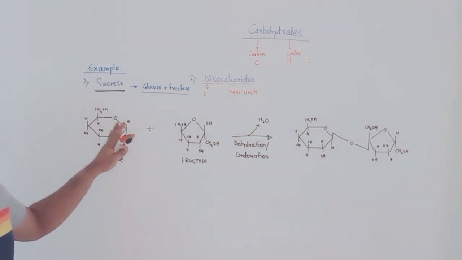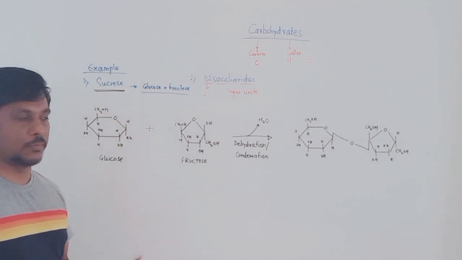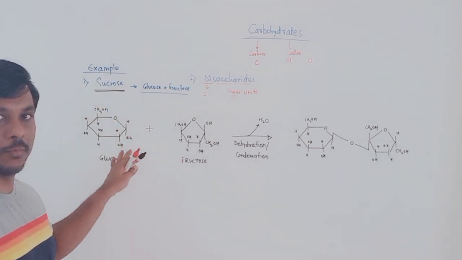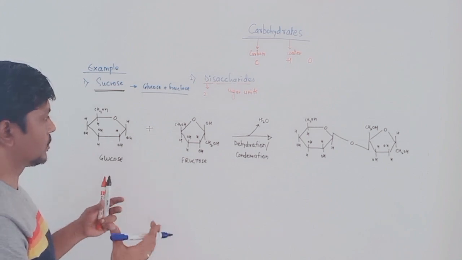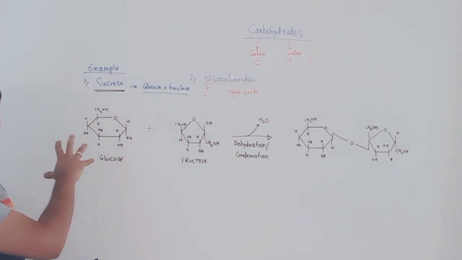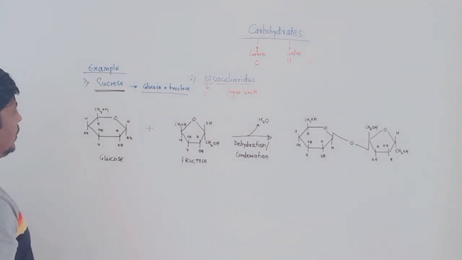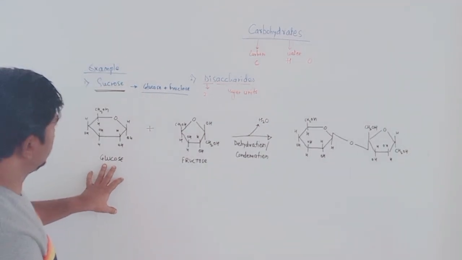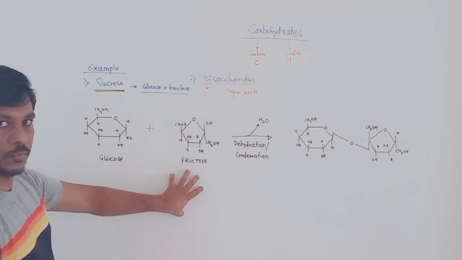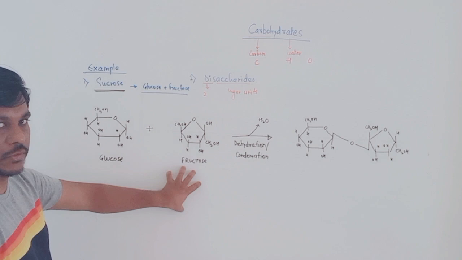So as I told you earlier, all sugar molecules are linked with O-glycosidic bond. So we'll see now how the formation of sucrose and the glycosidic bond takes place. Okay. So this is a glucose molecule, which is a ring. I have represented it here in the ring structure. So this glucose molecule and one fructose molecule. Okay, this is the pyranose ring and this is the furanose ring.